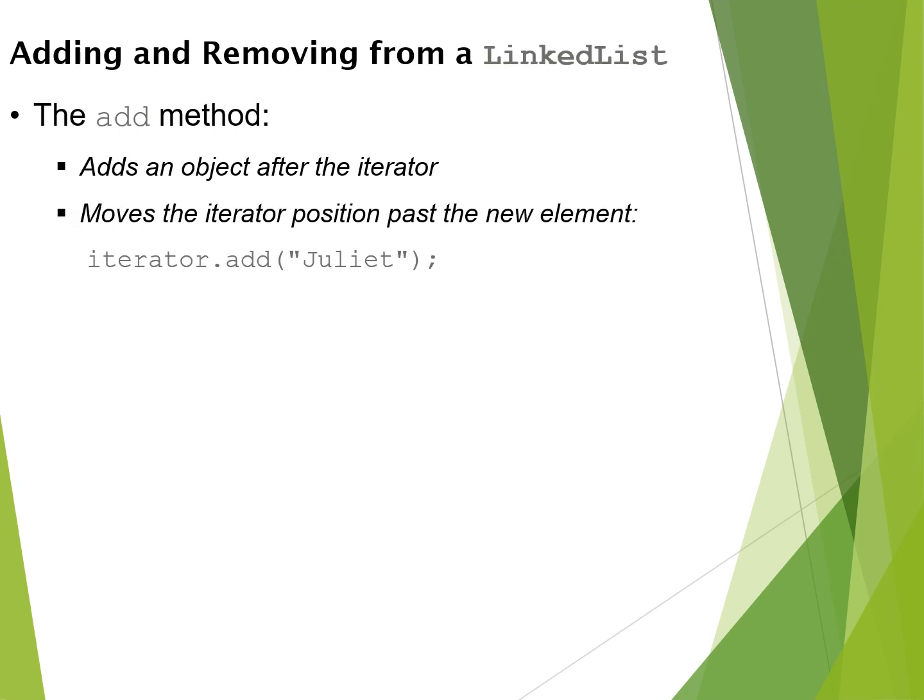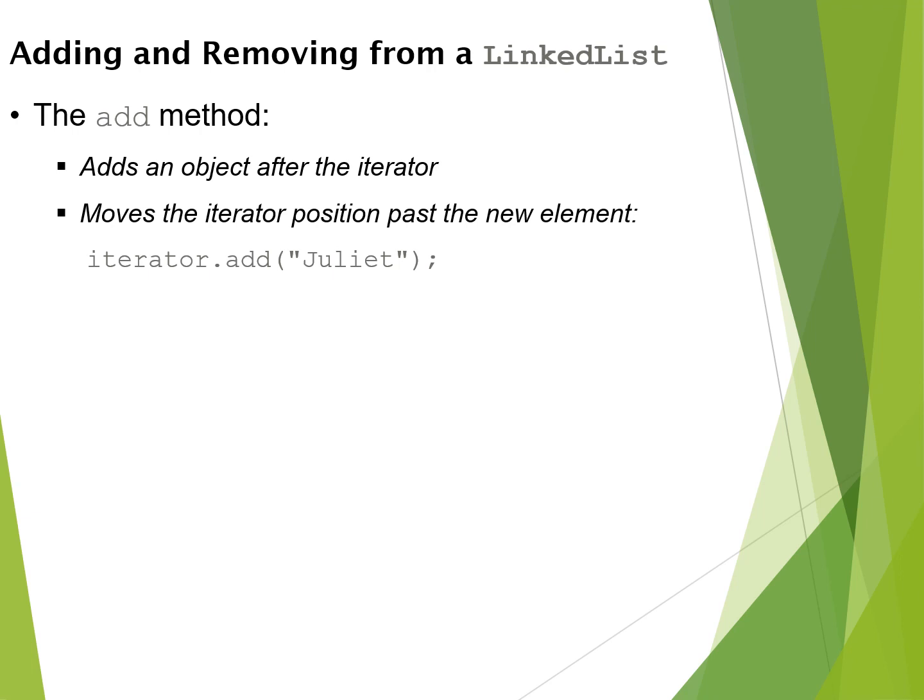So let's look at how to add and remove an element from a linked list. If you have a linked list and you have an iterator pointing to one of the positions inside that linked list, the add method of the iterator does the following.